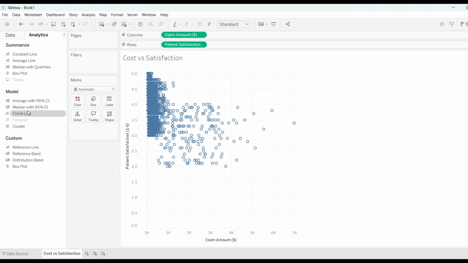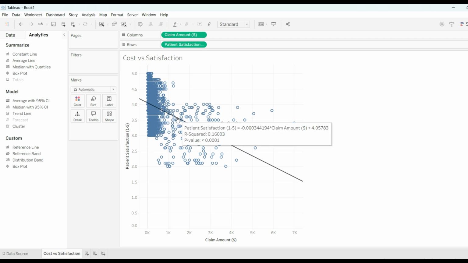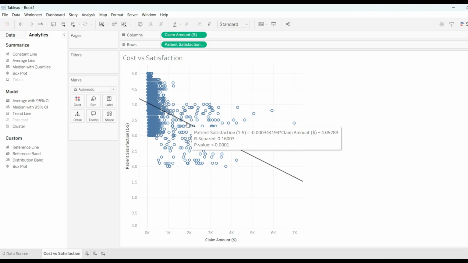We'll drag that over here, and we're going to choose linear, not logarithmic or exponential. So linear, okay? As you can see, when I hover over that, it's giving us statistical information: our R squared and our p-value.